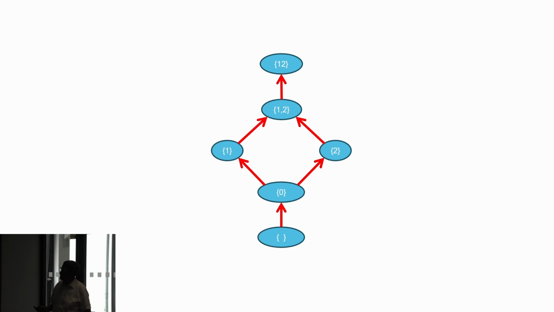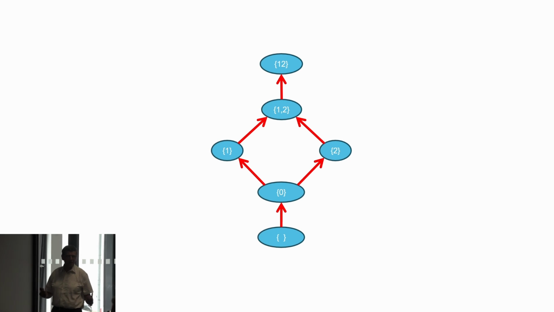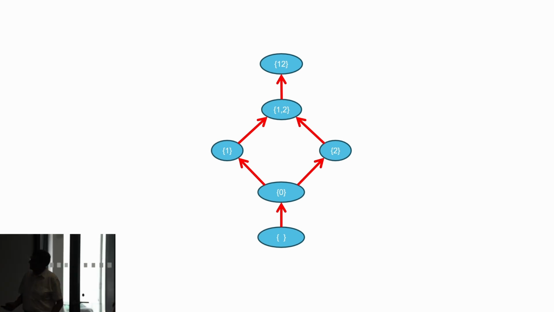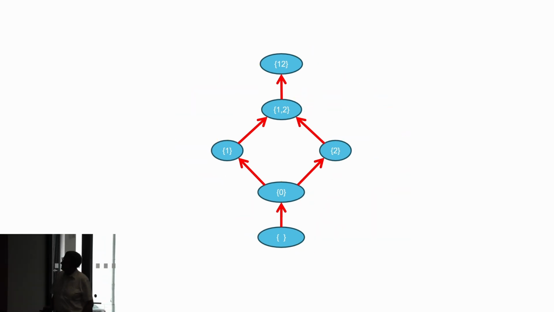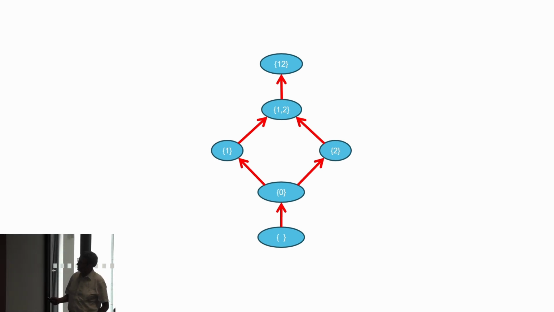And what you see here are the antichains, and they represent monotone Boolean functions in the sense that anything that is a subset of one of the elements in this antichain is recognized by the monotone Boolean function. Okay, so this is my structure for the case n equals 2.